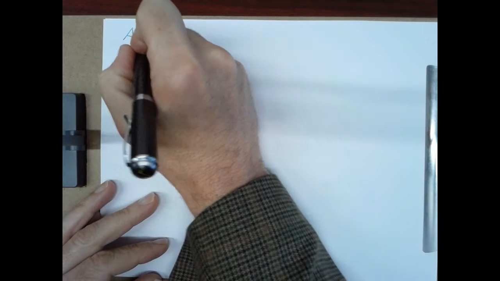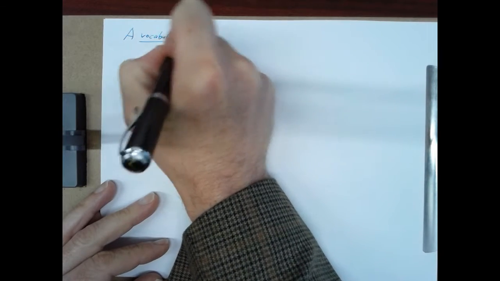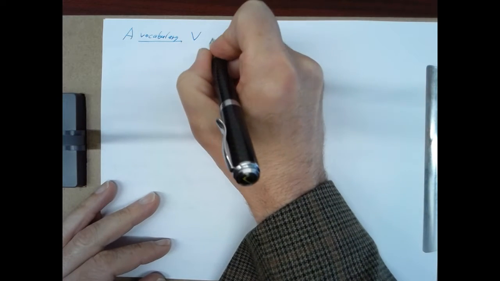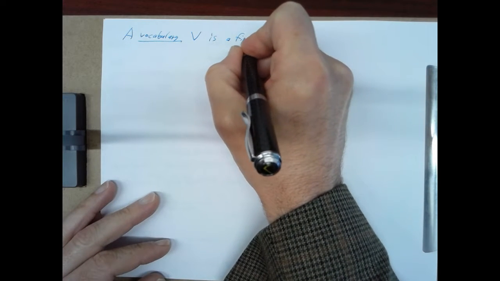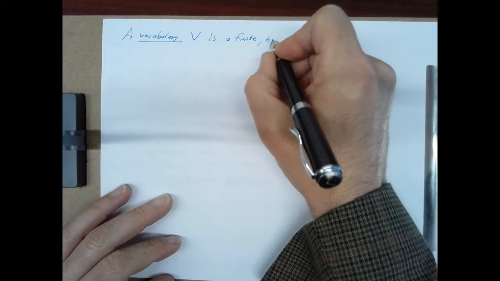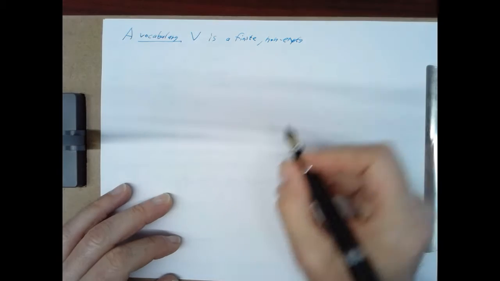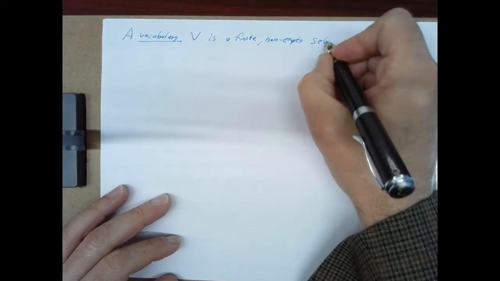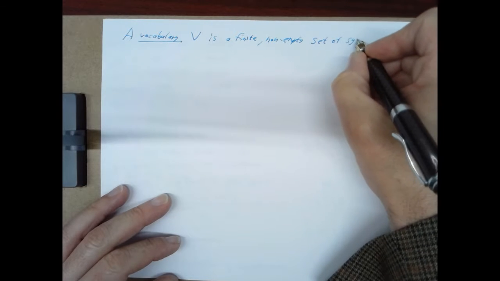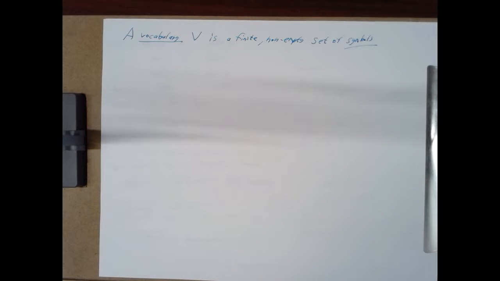So a vocabulary V is a finite, non-empty set of symbols. So we have to define what the symbols are. Think letters, if you like, for English.